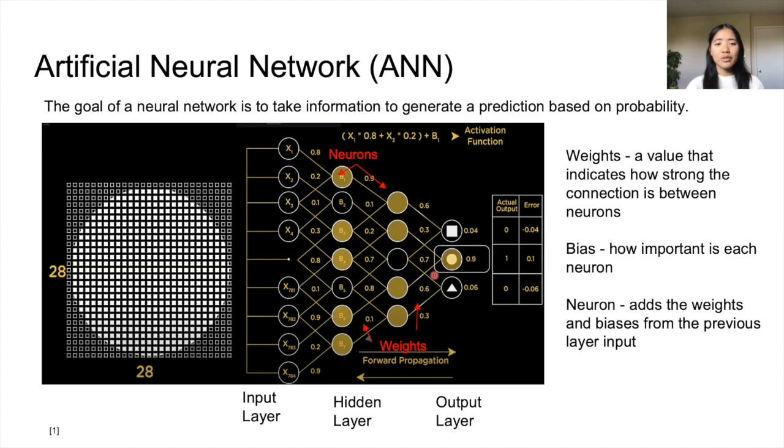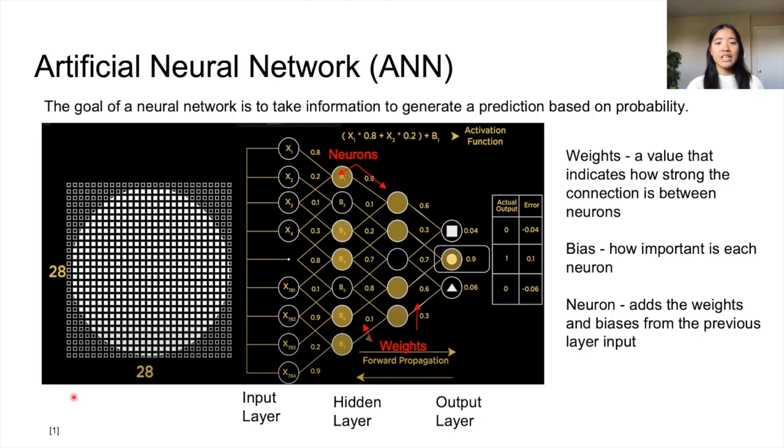So this is an example taken from a great YouTube video that explains the basic concepts of artificial neural networks that I will link in the description below. What this example is trying to do is take this image and classify it into three categories. So it's trying to identify if this image is a circle, a triangle, or a square.